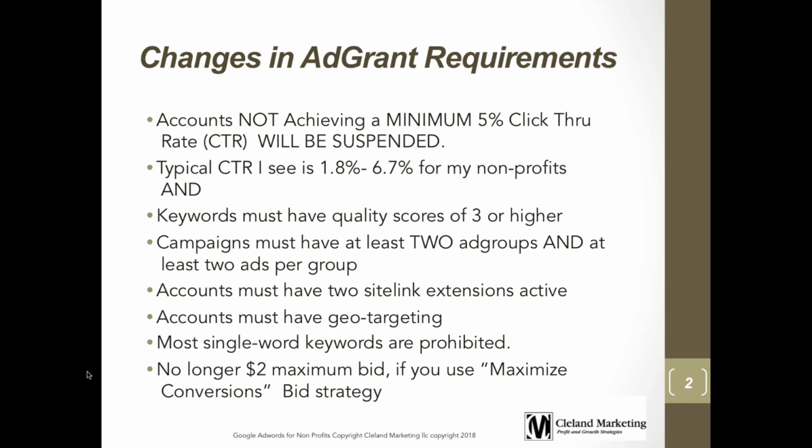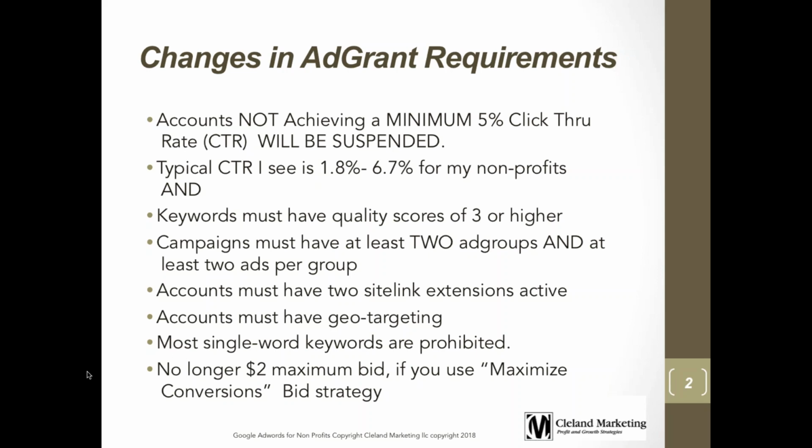They're also imposing that you need at least 2 ads per ad group. They're wanting you to offer different types of copy, headline and descriptive text in your ads so that they can choose which performs better and is more relevant.